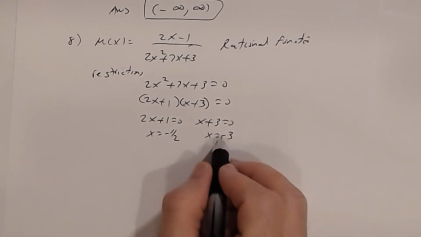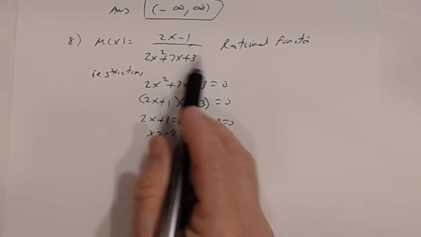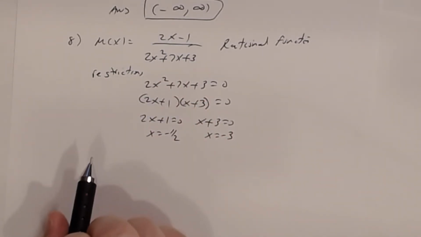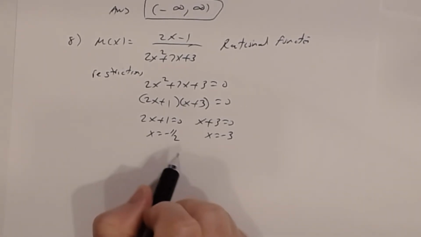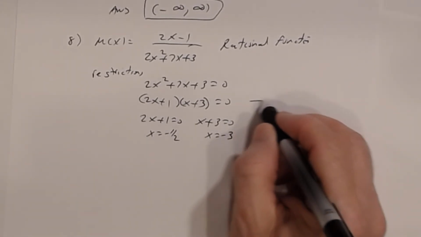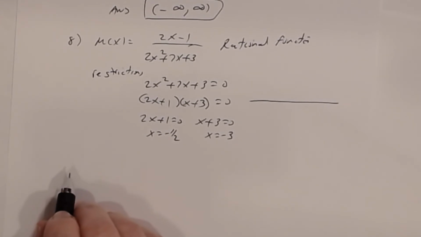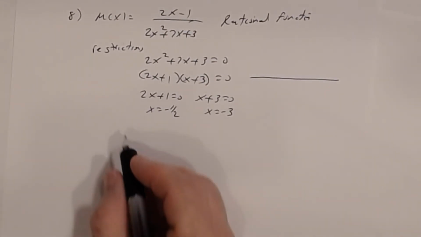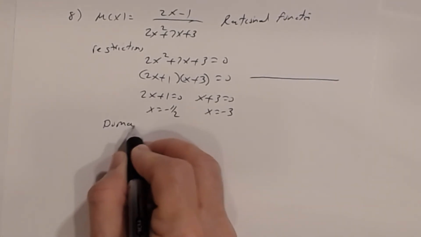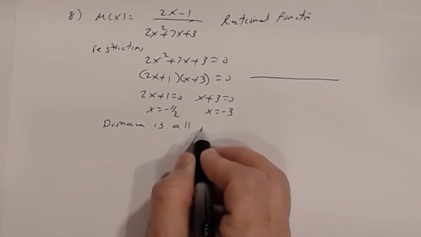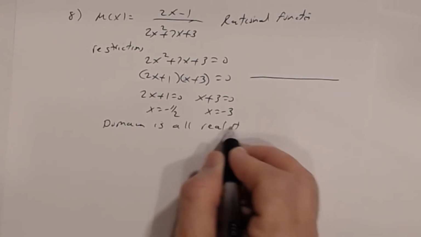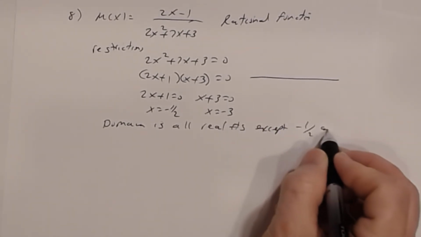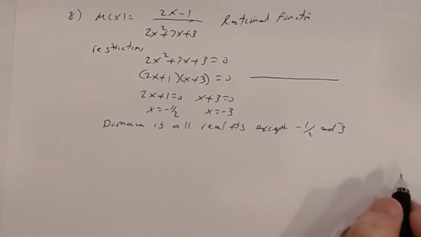These two values of x will make this denominator 0, which in turn makes this function undefined. So those are the two numbers I cannot use. What these restrictions tell us is that the domain is all real numbers except negative 1/2 and negative 3.